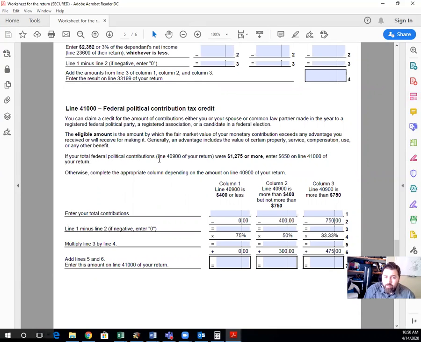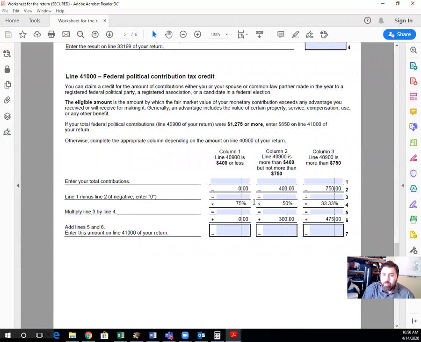If your total federal contributions, line 4900 of your return, were 1,275 or more, enter 650 on line 41000 of your return. Otherwise, complete the appropriate column depending on the amount on line 4900 of your return. Like I said, there are brackets.